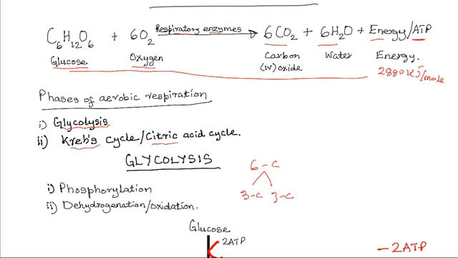So the 6-carbon molecule, that is glucose, is split into 2 smaller molecules, each having 3 carbon atoms. Glycolysis occurs in the cytoplasm, and it involves these 2 steps. First is phosphorylation, and then there is dehydrogenation, also known as oxidation.